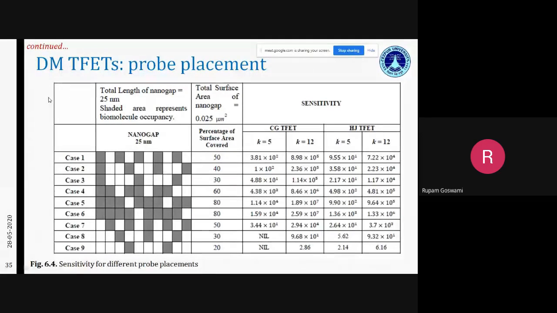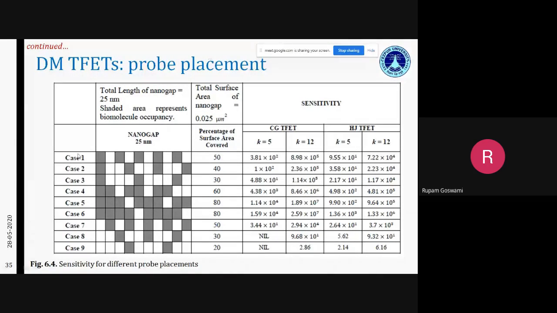Finally, we have another non-ideal effect, on probe placement. Remember, I talked about that binding layer. Usually you do not have a uniform binding layer throughout the length of your device through the cavity. It may be the case that in some places the probes are placed well, and in some places the regions are empty and there are no binding layers.